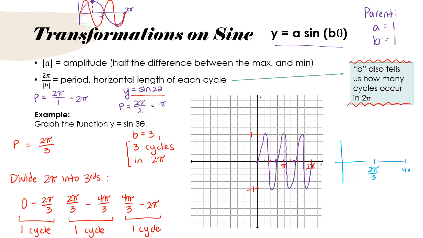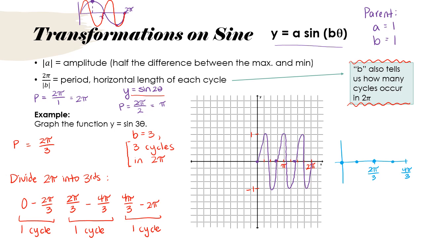Here's 4 pi over 3, because I generally want to plot at least 2 cycles. And I want to plot the important points here, which would include my x-intercept, so I know when I complete that cycle, I'm crossing the x-axis again. But you know what? Halfway through, I'm also crossing the x-axis as I start turning around.